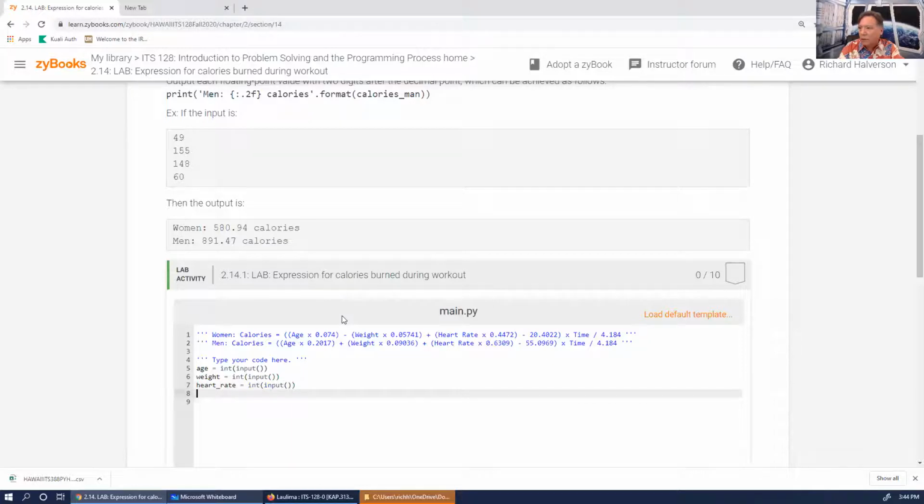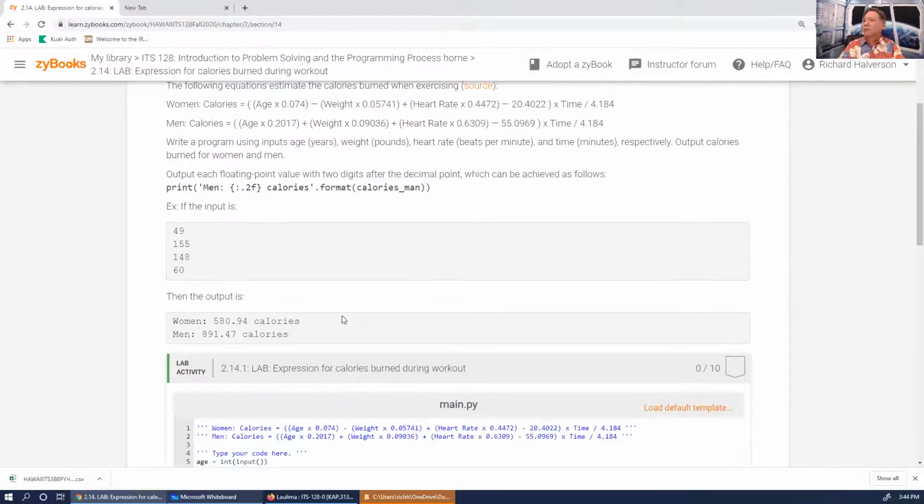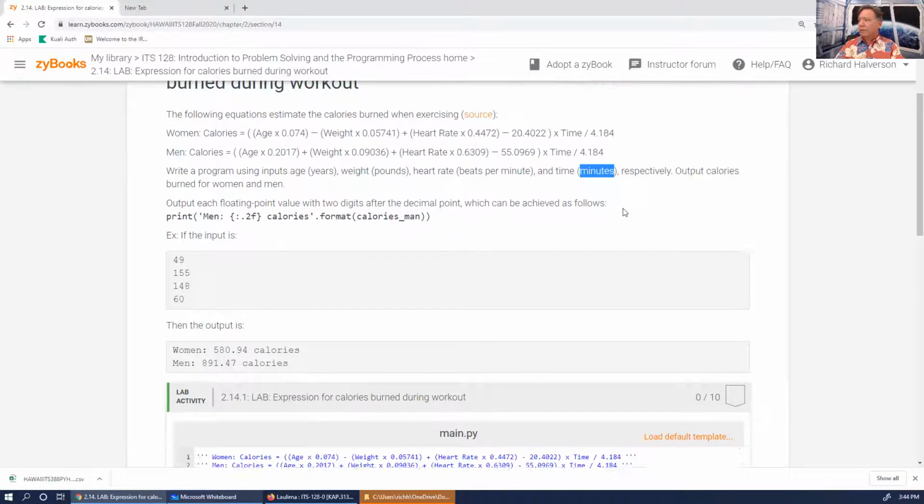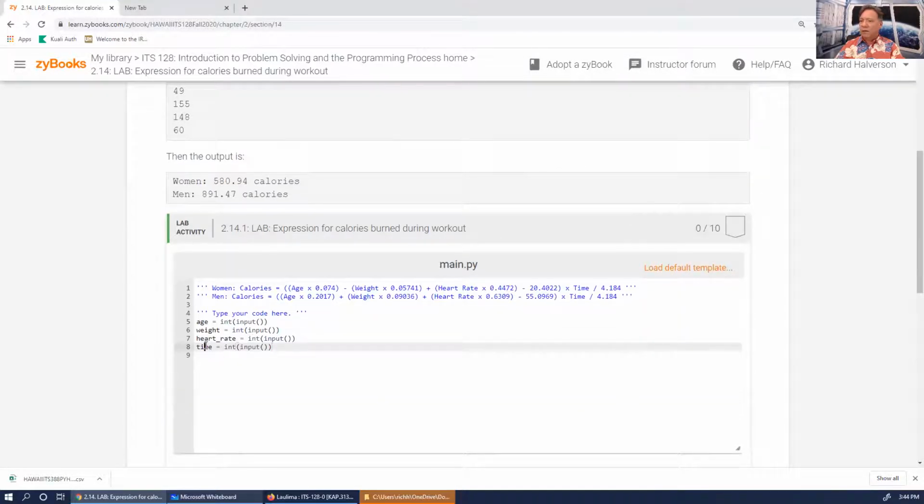And I'm going to say time equals int input. So that's time in minutes. Maybe I'll call that minutes instead.